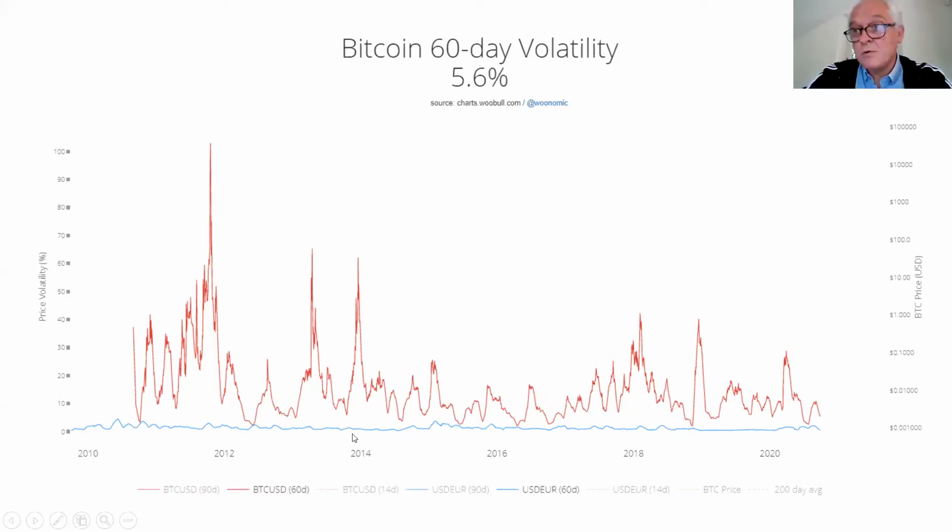A better graph would have been to define a basket of goods, and then look at the volatility between Bitcoin and that basket of goods, and the volatility of the US dollar to that basket of goods. That would be the correct comparison, but it looks basically the same. I think there's nothing to deny that Bitcoin and many other cryptocurrencies have this enormous volatility.